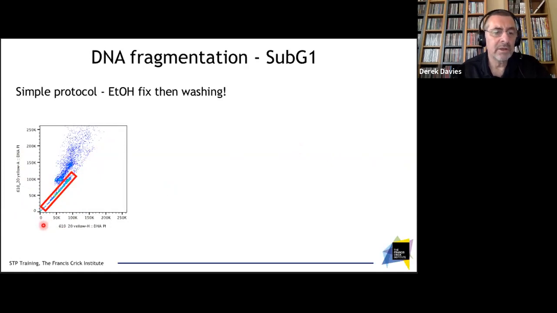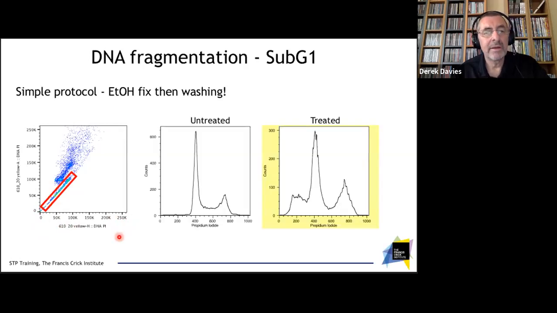Again, not quite the origin, for the same reason that I excluded those events that were near the axis in scatter, because I don't know what these are. These could be apoptotic bodies that have come from multiple cells. So I exclude the things that are in the bottom corner. And then I look at my DNA histogram, and you can see that the difference between my untreated and treated is that I've got a population of cells here in the sub-G1 region, which is where the name comes from.